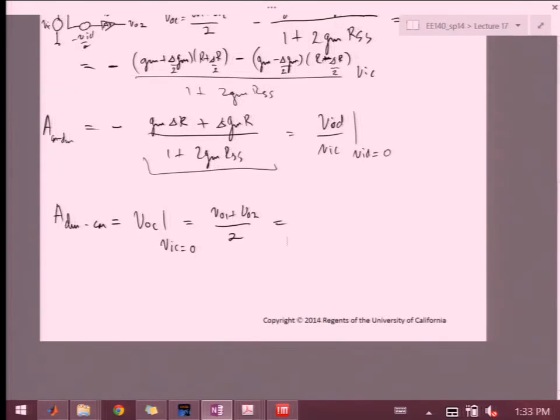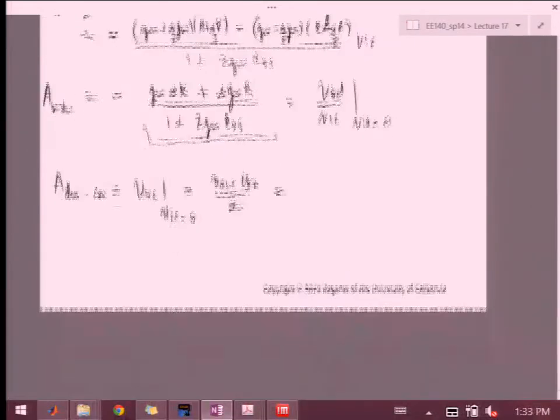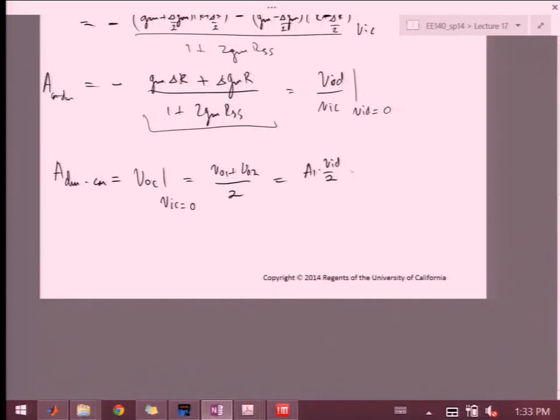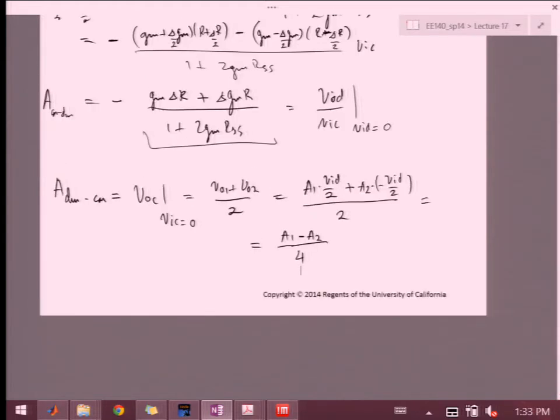Then you can take a look at what VO1 is. VO1 is A1 times VID over 2, and the other one is A2 times minus VID over 2. So this equals (A1 minus A2) over 4. So that's the proportion of ADM, differential mode to common mode.